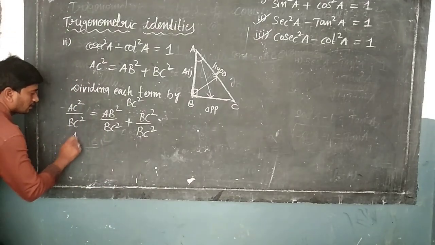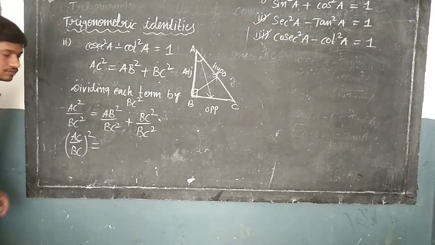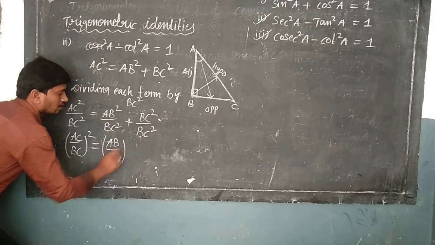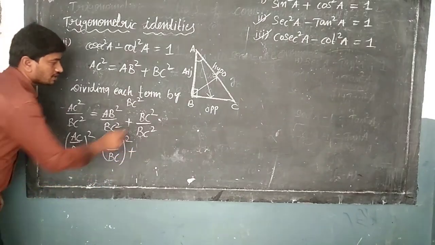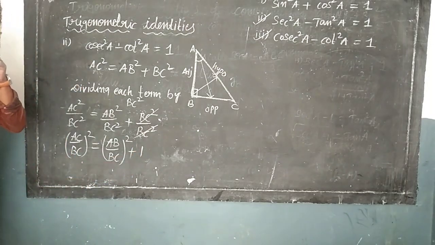I can write as AC by BC whole square. This I can write as AB by BC whole square plus BC square cancel, which is equal to 1.